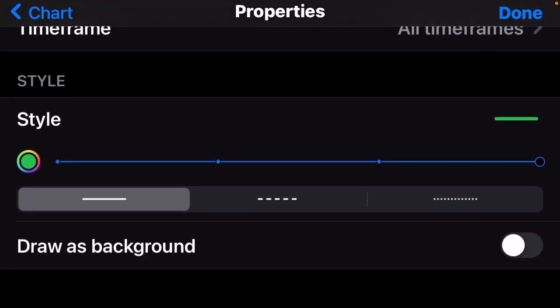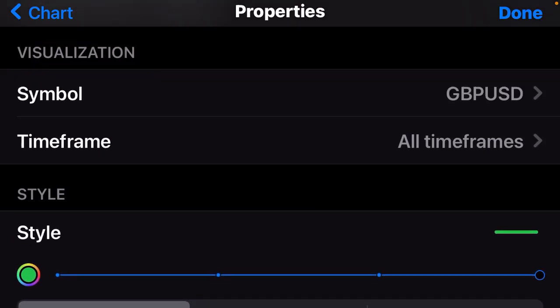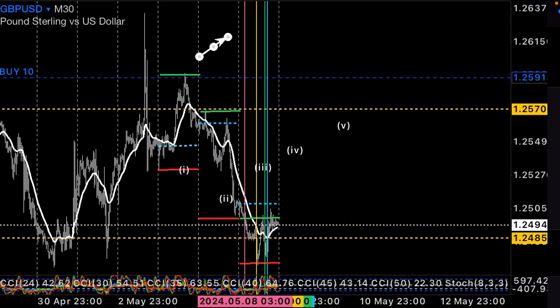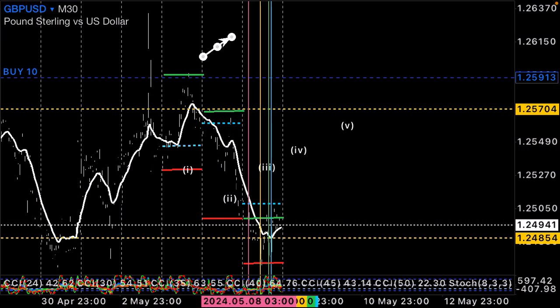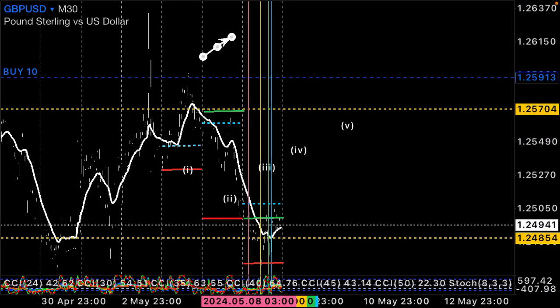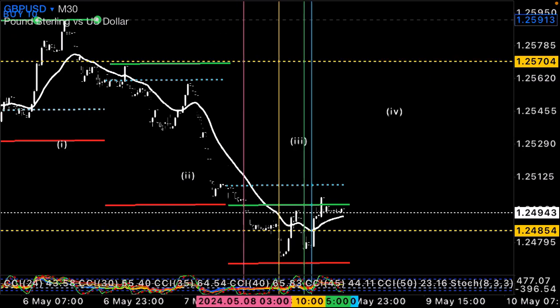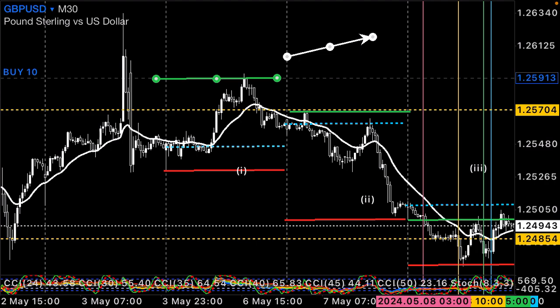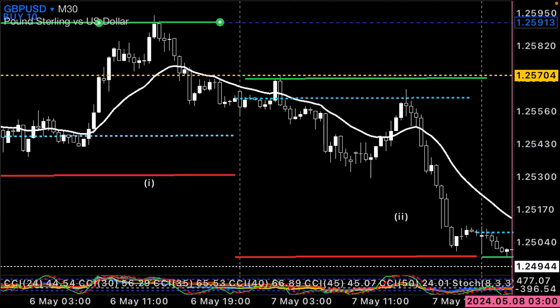Could turn it colors. Yep, there's the green. So that is the one there. Let's delete the fucker and put a new one. So I'll copy this one. So there we are. There. It's right on the closing price.